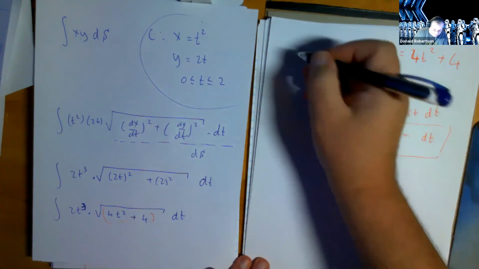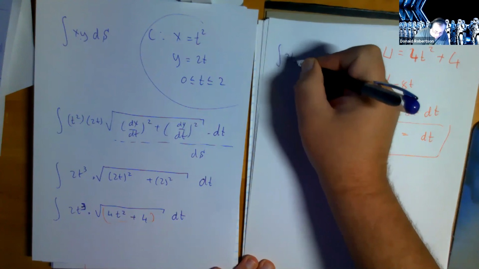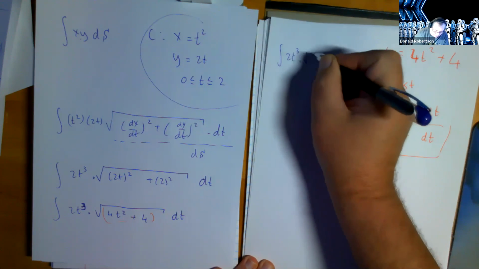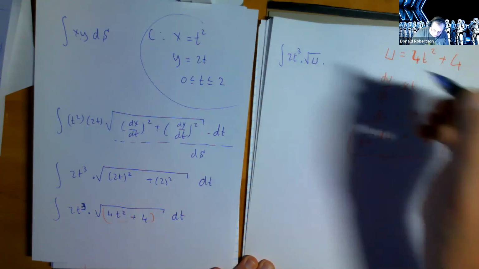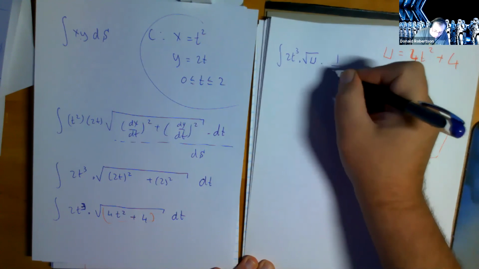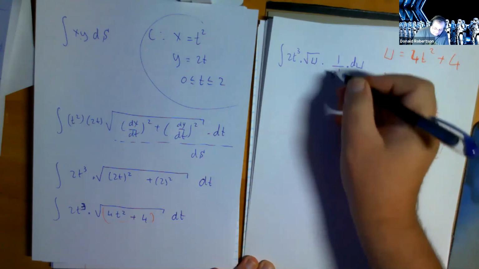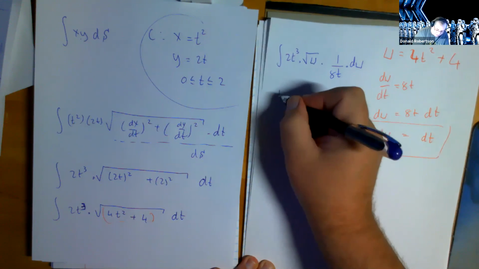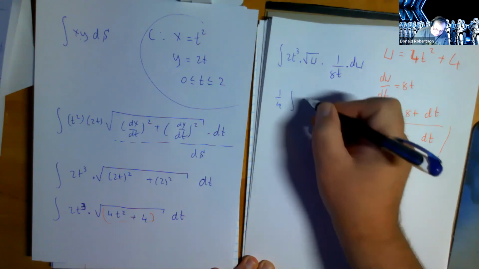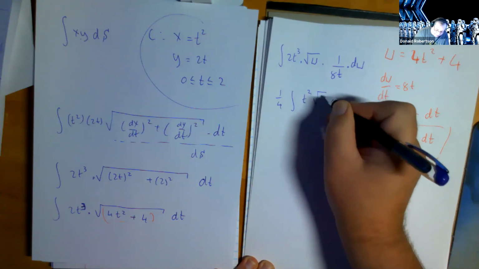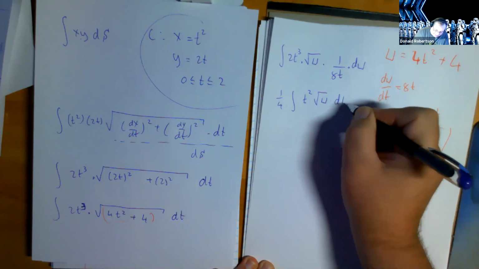So we have the integral of 2t cubed square root of u times 1 over 8t du. And the t's cancel and that gets you a quarter, so I'll pull that out. And now you are left with something that doesn't look good, but it is fixable.